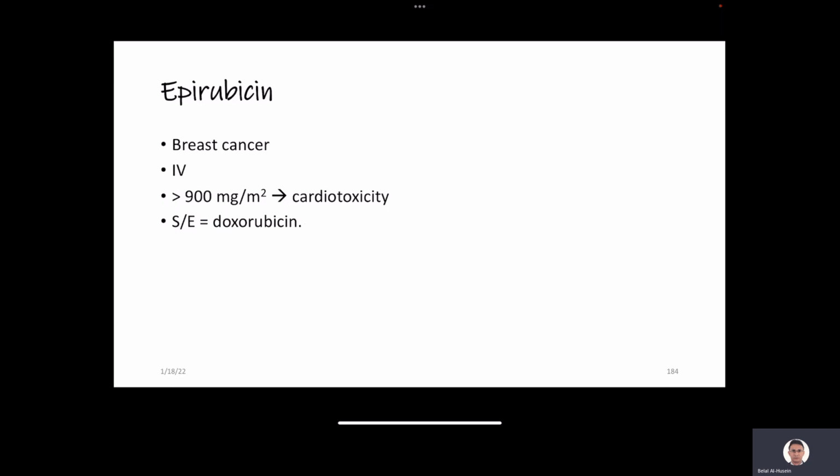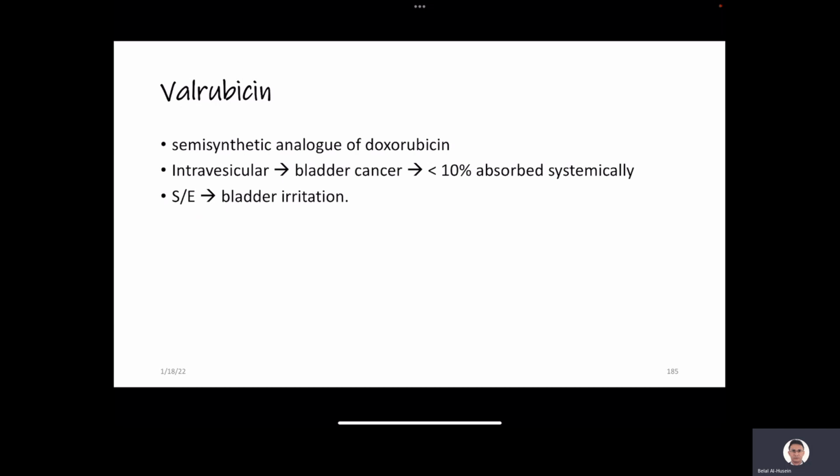Epirubicin is another anthracycline, and it is used in breast cancer, given as a fast IV bolus to reduce the risk of extravasation. The cumulative dose that, if exceeded, will increase the risk of cardiotoxicity is 900 milligrams per meter square, and side effects are similar to doxorubicin.